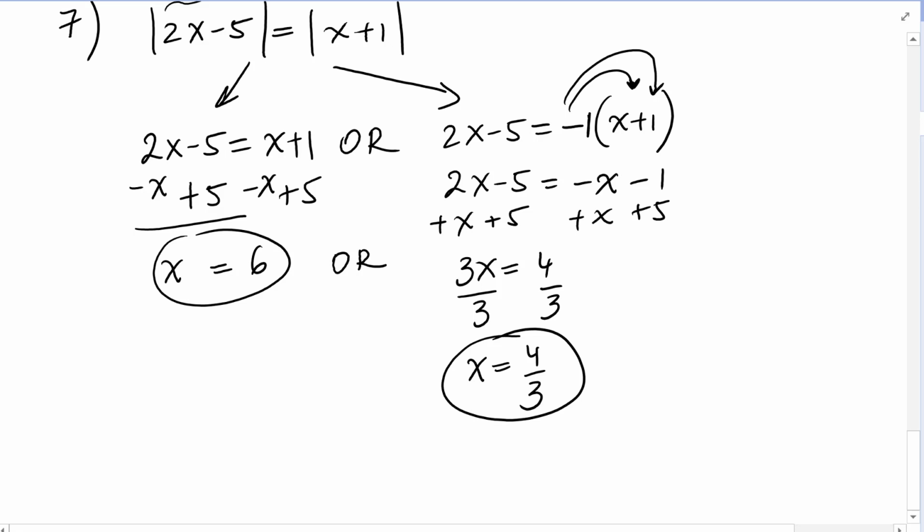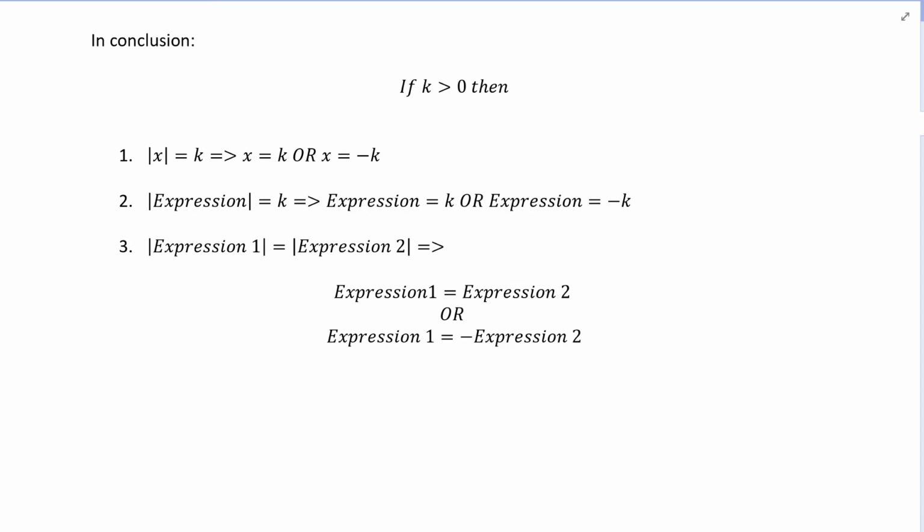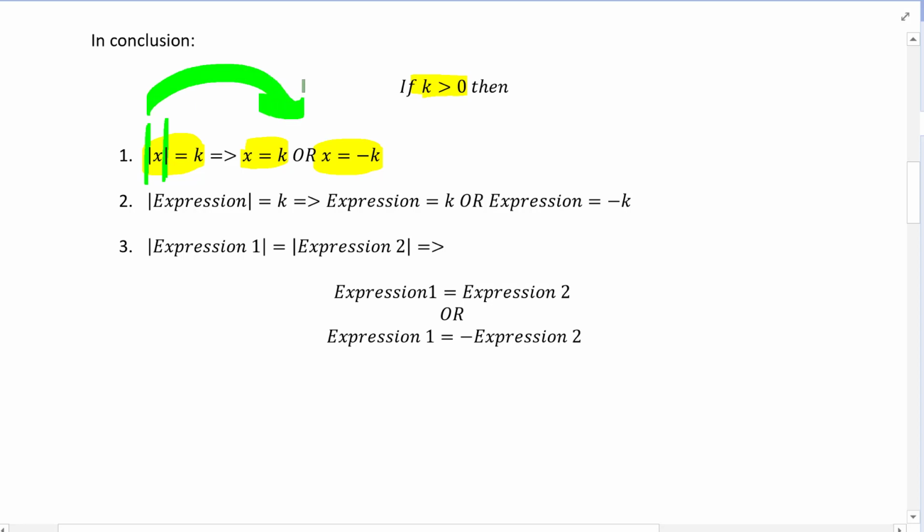So in conclusion, if k is positive, greater than 0, then you can have these three expressions. Absolute value of x equals k will mean x equals k or x equals negative k. You see how this symbol here from absolute value, here it disappeared, right?